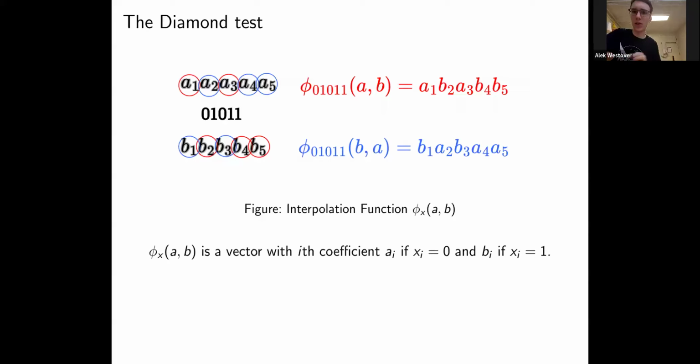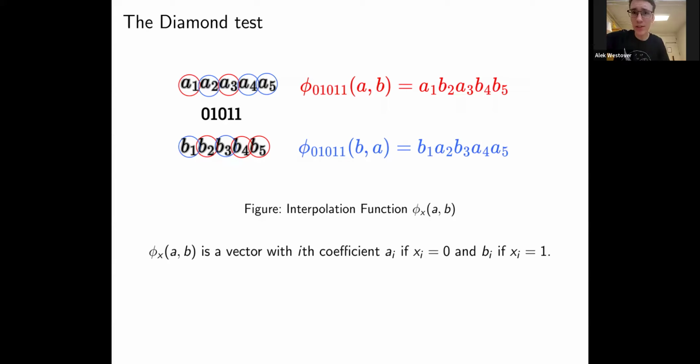The diamond test is based on this thing called the interpolation function. The interpolation function takes in 2 bit strings, A and B, and it is parameterized by some other bit string, and it tells you to take some bits from A and some bits from B. Specifically, if we have phi x of A, B, we'll take the A coordinate whenever x is 0, and we'll take the B coordinate whenever x is 1.